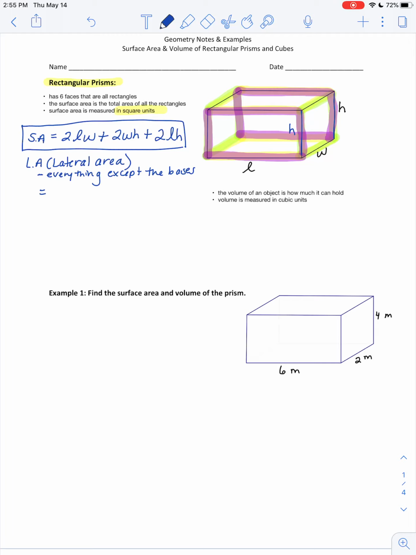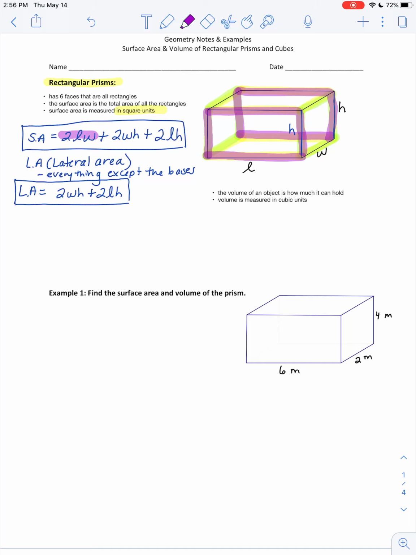The bottom and the top are our bases here. So if we take away this first part of the formula, that leaves us with 2WH plus 2LH. So that's how you would find lateral area. Now on the practice problems today, you won't see any lateral area, but just keep that in mind down the road.